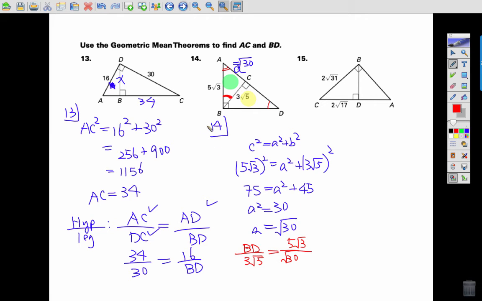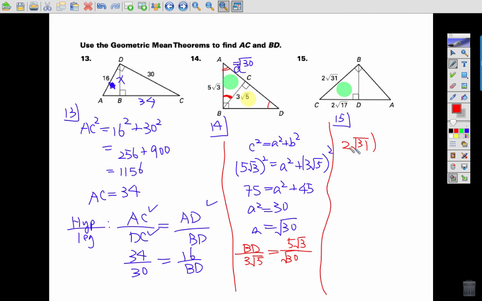All right, so that's number 14. Now let's do number 15. No information on the altitude. I'm asked to find AC, which is this whole length, and BD. No information on this. However, in this small triangle on the left with a green dot, I can use Pythagorean theorem.